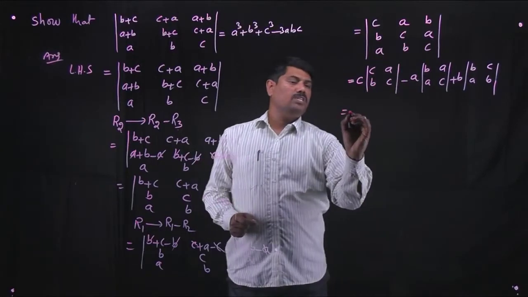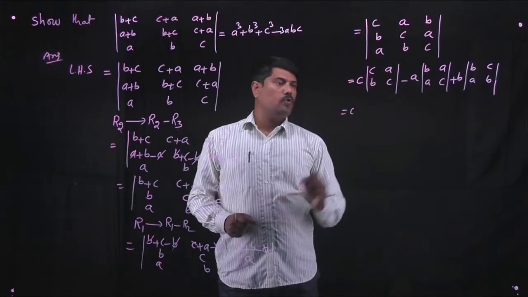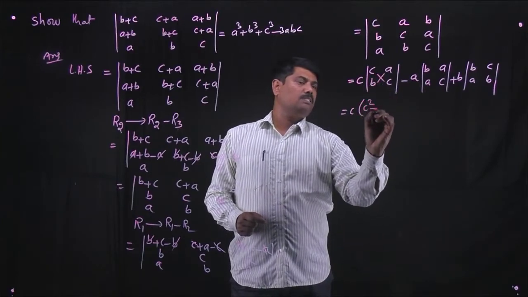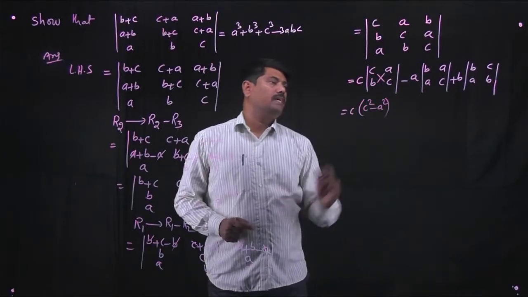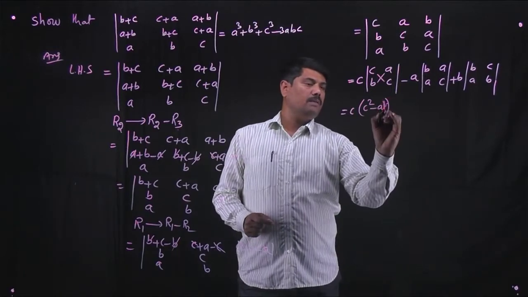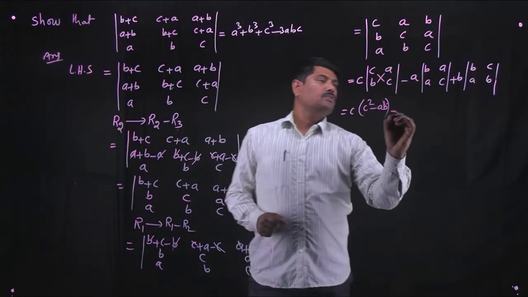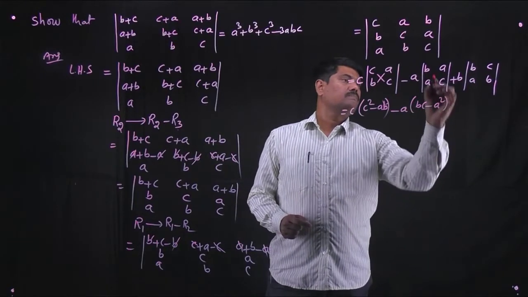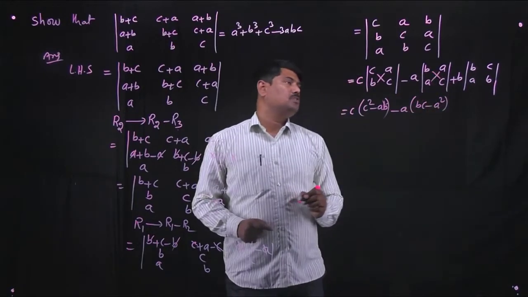Later use the concept of the determinant of a 2 by 2 matrix. This is c square minus ab, cross multiplying the values. Then a into bc minus a square, cross multiplying these two values.